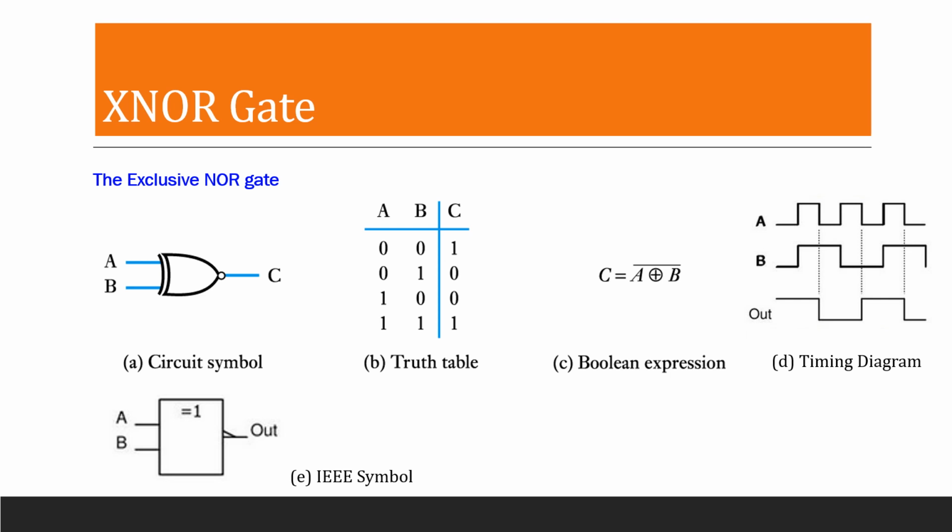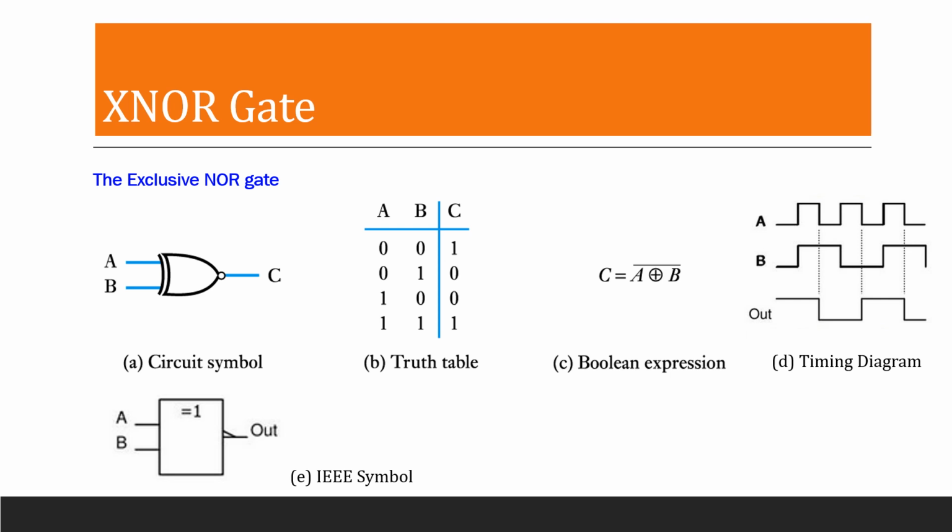Okay, and when we look into this two-input XNOR gate truth table, we can see that this gate produces a high output when both the inputs are same. So this gate can also be called a coincidence gate because this gate produces a high output when both of its inputs coincide. That means for the combination 0 0 and for the combination 1 1 we will be having the C value as 1.